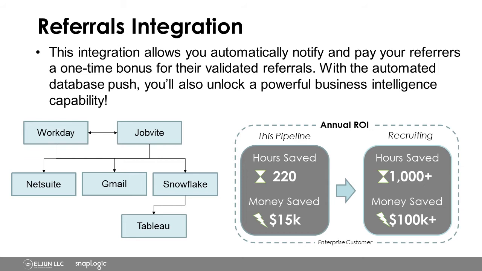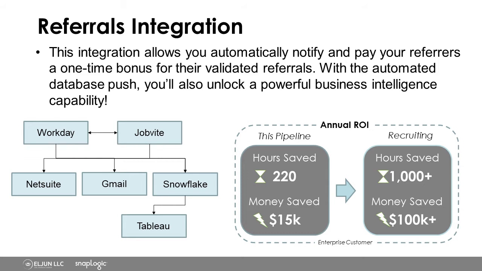This looks at employees referring candidates, those candidates becoming hired, and doing some evaluations to make sure that the candidate, once hired, should qualify for a referral bonus payout to the referrer. And if that's true, we'll pay out the referrer with an automated payment to NetSuite.